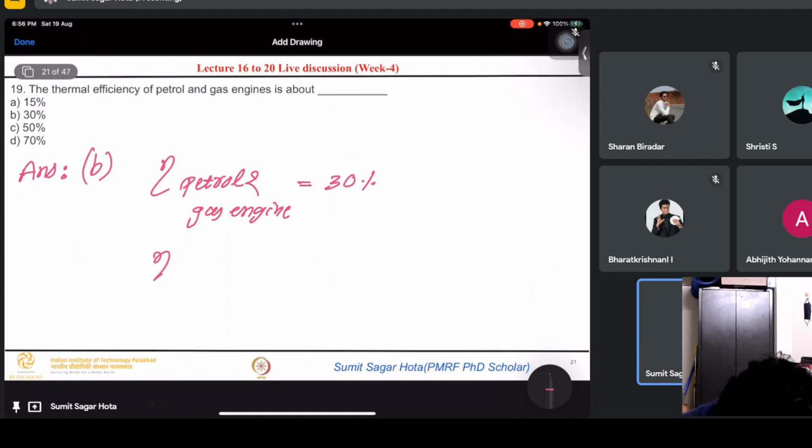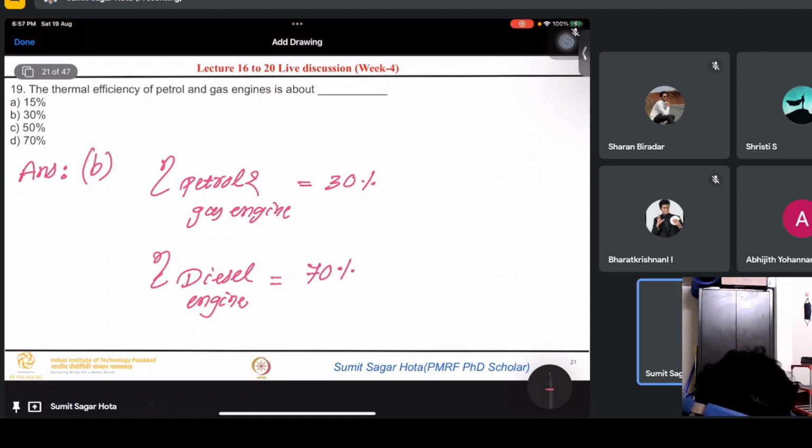So what about diesel engine? The diesel engine is more efficient than the petrol engine. So you see in the vehicles, cars, mostly people will prefer diesel cars as compared to the petrol cars. But diesel cars also have different disadvantages, especially in the cold days.